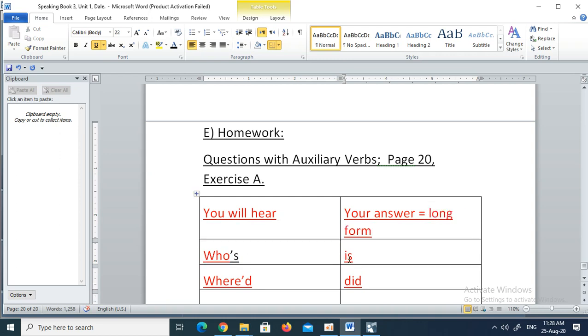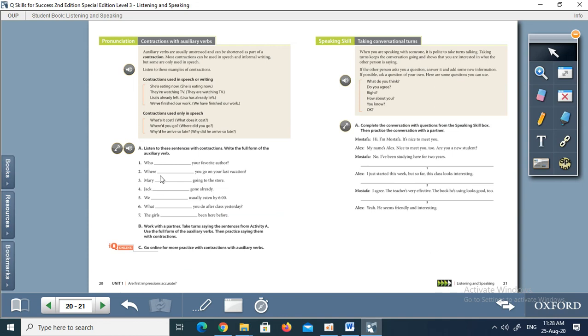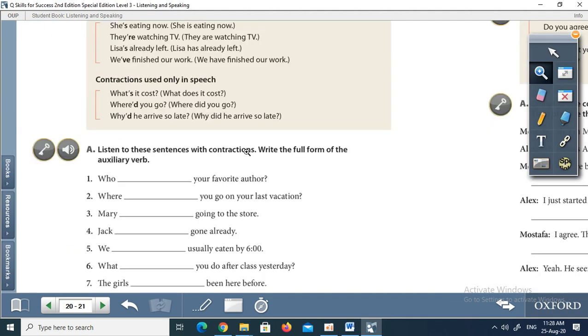So whose, the long form of whose is. Where'd, the long form of where'd is did. So they need you to go through all 7 answers on the page, 1 to 7, and they are going to want you to put the long form, the full form. Okay, let us see if it comes out clearly enough.